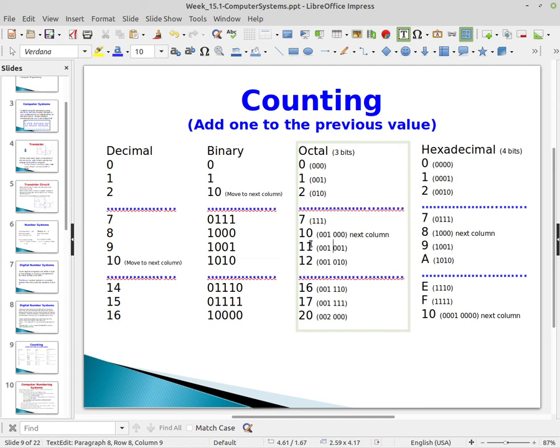All right, and if we count up 11, 12, and now if we go on up, we wanted to count 14 and 15.